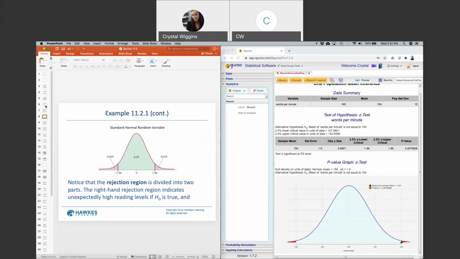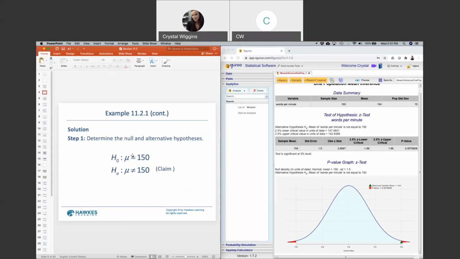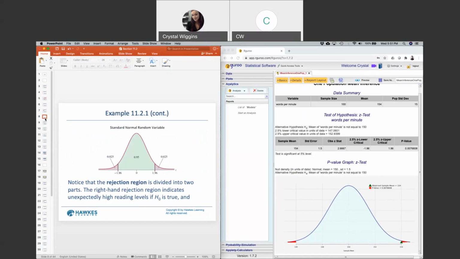So if we're saying our null hypothesis is false, we're rejecting this null, that means we're accepting this alternative, and we are going to say, oh, the claim that the sophomores at this particular high school have different scores than the national average is true, although we can't make any specifics about what that means.